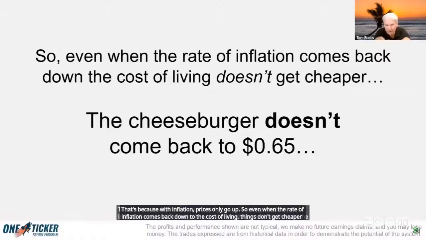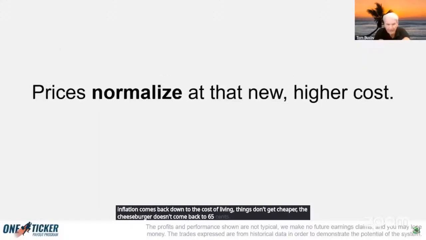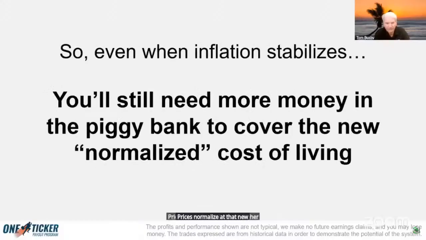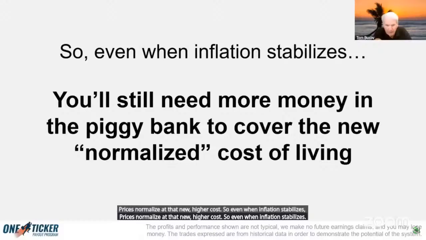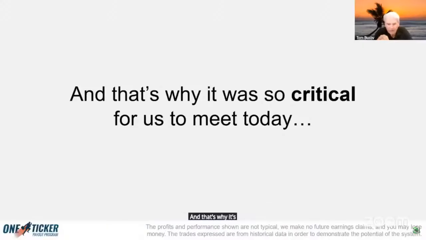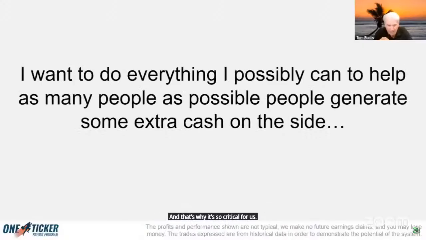The cheeseburger doesn't come back to 65 cents. Prices normalize at that new higher cost. So even when inflation stabilizes, you still need more money in the piggy bank to cover the new normalized cost of living. And that's why it's so critical for us to meet today and talk about it.